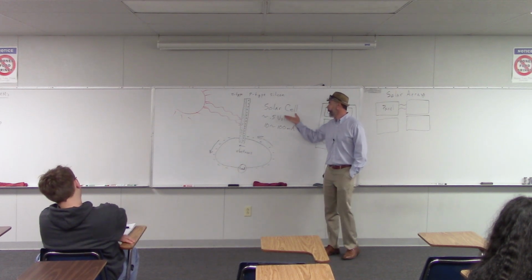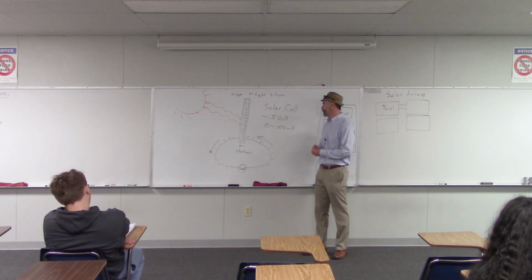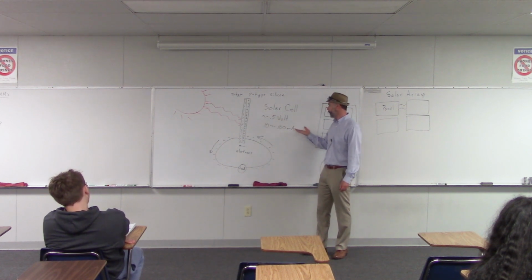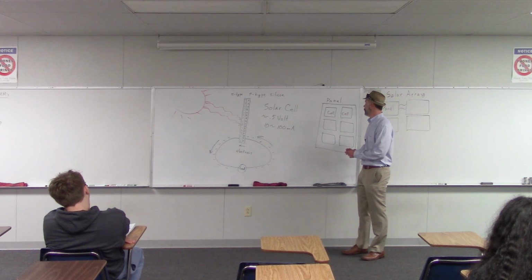When we combine these, one solar cell that's giving you maybe half a volt and dozens or 100 milliamps is not going to do very much for you. So you want to put it together into a panel.